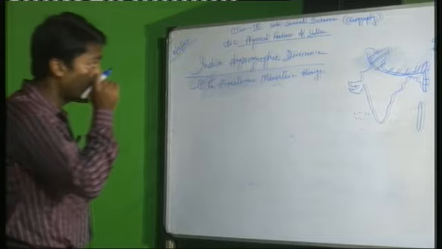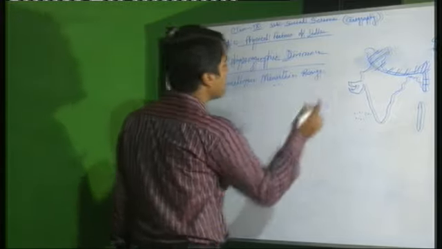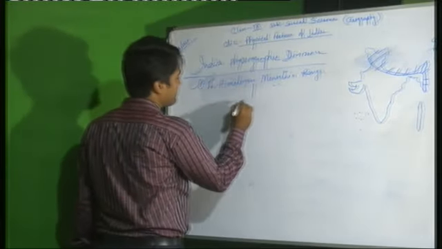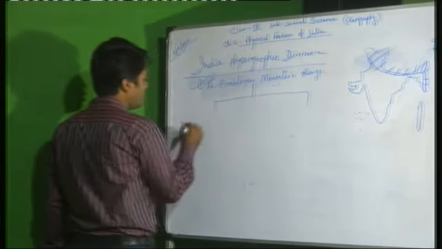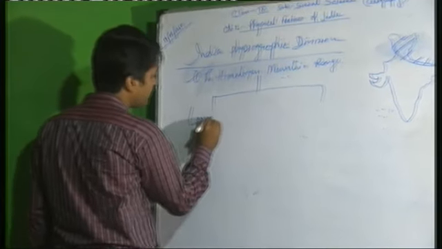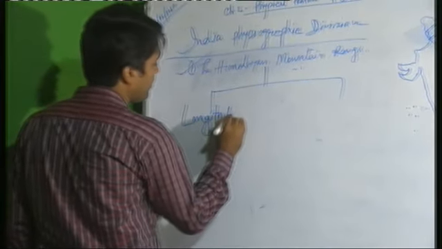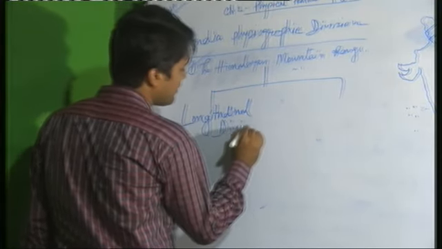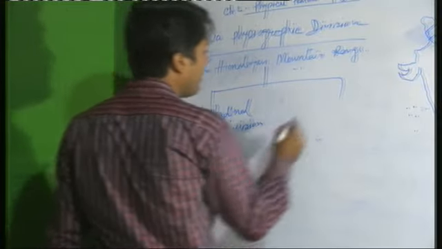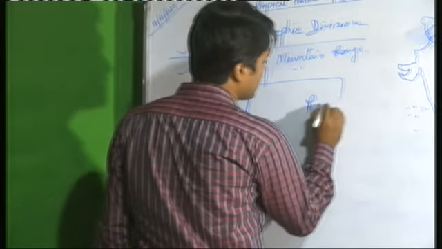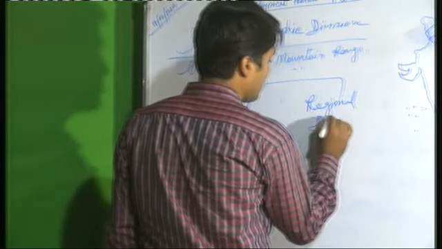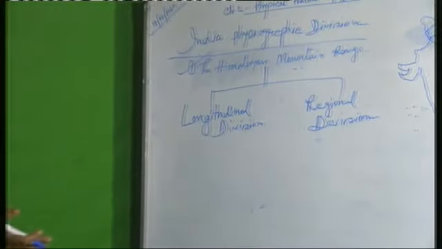Now we will discuss the Himalayan mountain range. The Himalayan mountain range has generally two subparts. One is longitudinal division, and the second one is regional division.